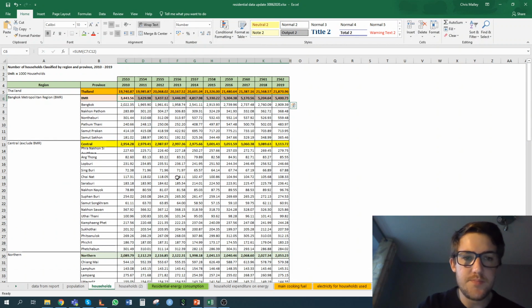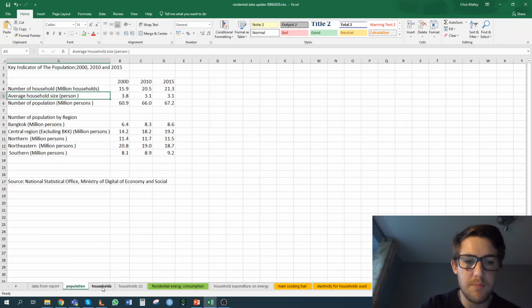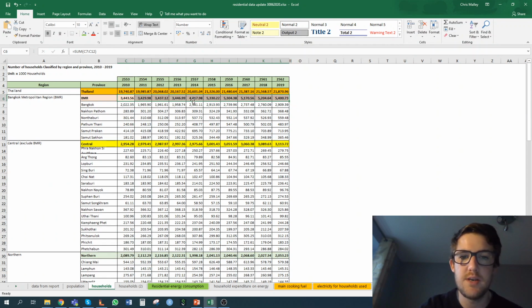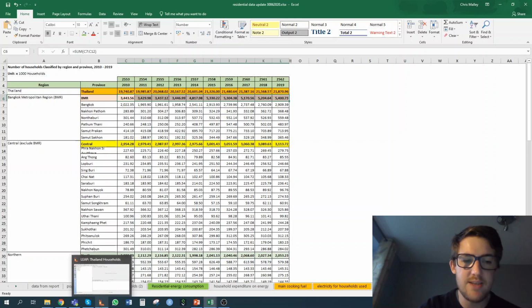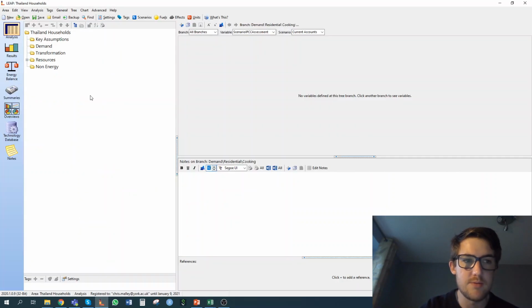So when it comes to creating projections, we might have a projection of population but not have a projection of the number of households. So what's useful for us to do is to not enter this data of the number of households directly into Leap, but to calculate it from the population and the number of people per household.